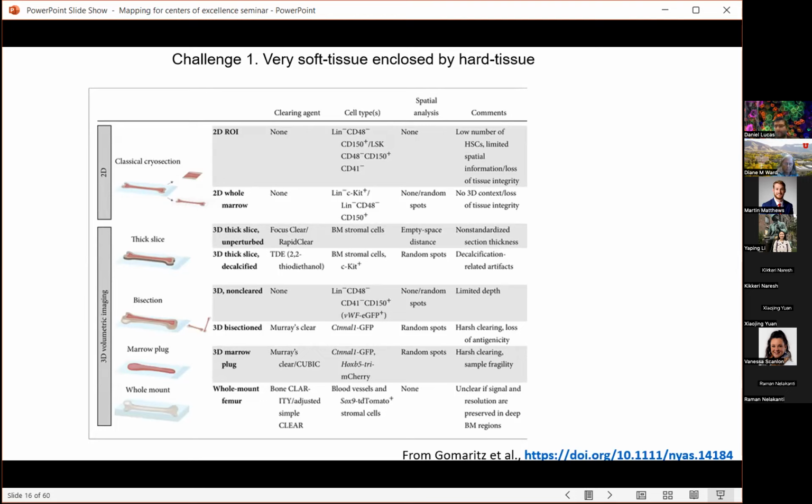So these were very challenging, technically very expensive, and difficult to accomplish, compounded by loss of epitopes.